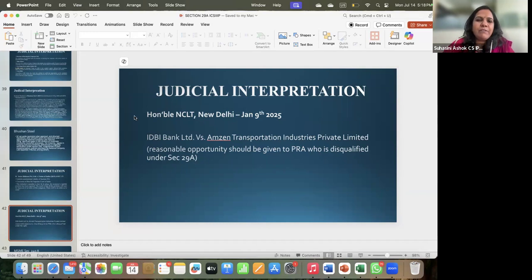When you are disqualifying a person, again, principles of natural justice and reasonable opportunity of being heard is upheld by NCLT in the IDBI case, where the PRA was disqualified, but again the court has held that opportunity should be given to that party, asking him why he cannot be disqualified. So without hearing, if you disqualify, that is not allowed.